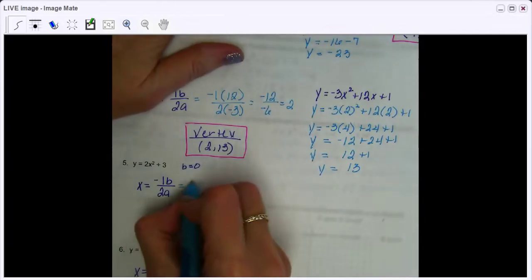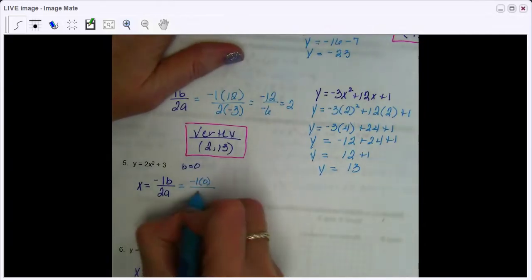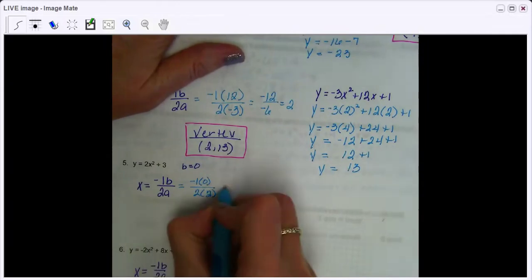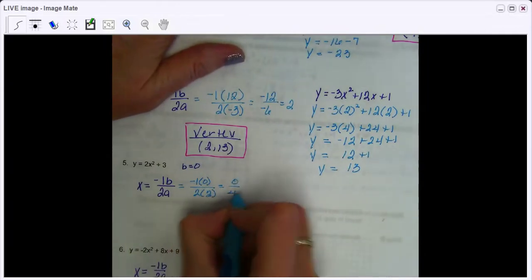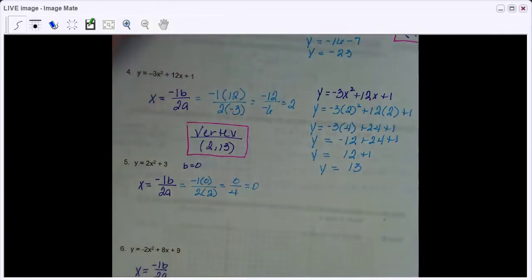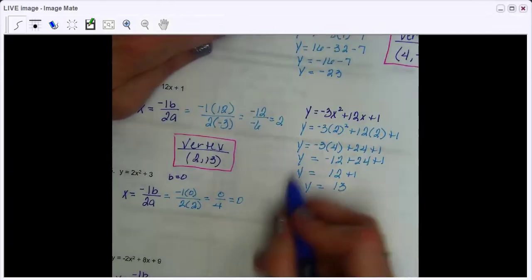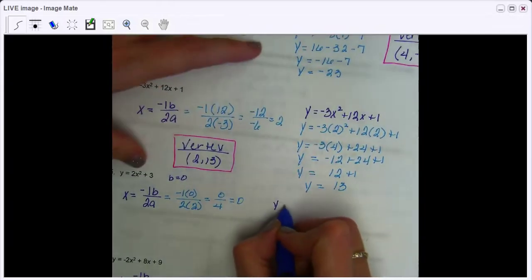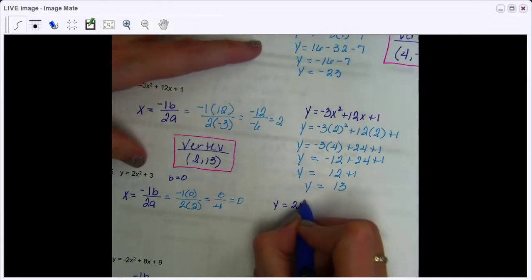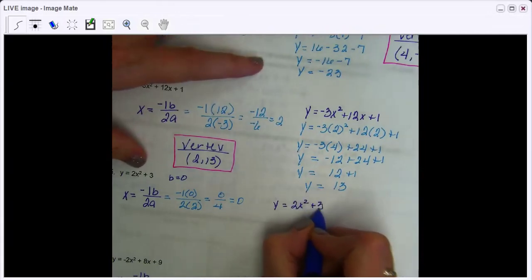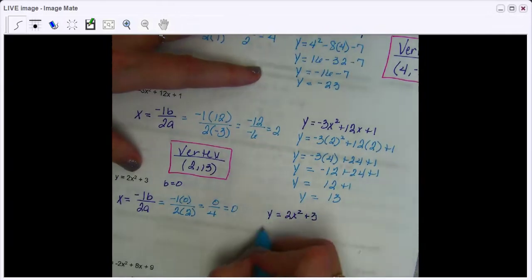So it's -1 times 0, and it really doesn't matter what's on the top. It's going to equal 0. And then when you write out the equation, if x is 0, you could already see this. It's just going to be 3. I'm going to write it out anyway, just because that's how I am.